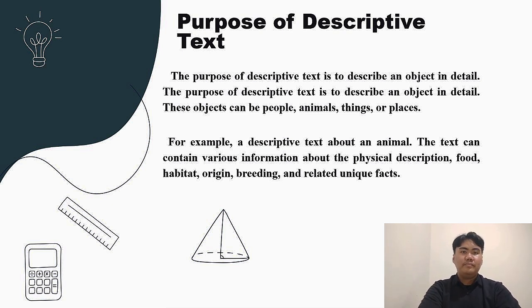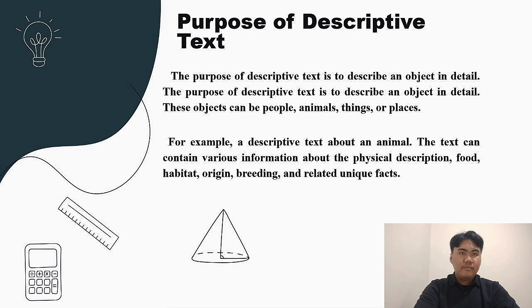For example, a descriptive text about an animal. The text can contain various information about the physical description, food, habitat, origin, breeding, and related unique facts.